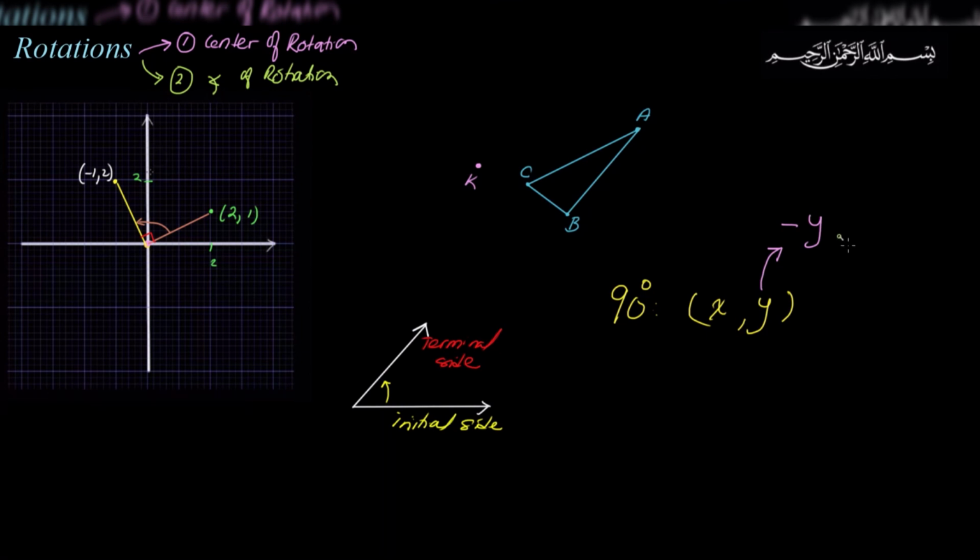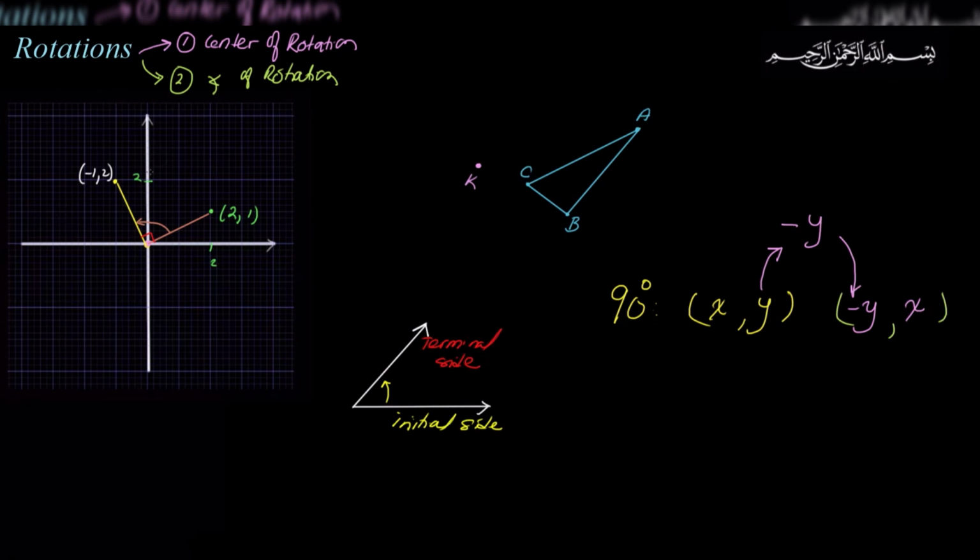And the second thing you do is put that in the place of x. So the y becomes -y and goes into the place of x, and then you take the x and put it in the place of y. That's for every 90-degree rotation.